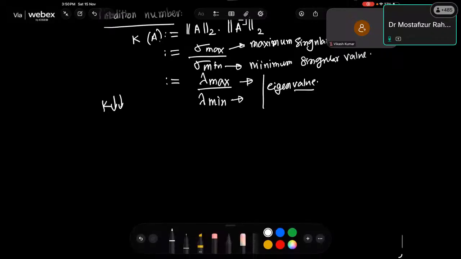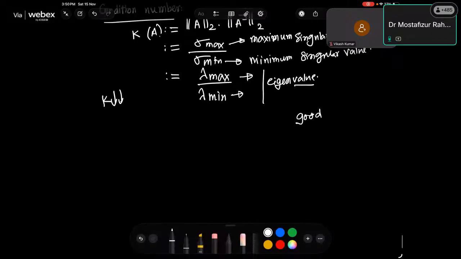So if you have good time in life, and you measure the happiness by lambda max, and if you have bad time in life and you measure the sadness by lambda min, lambda max is the index of your happiness, lambda min is the index of your sadness.